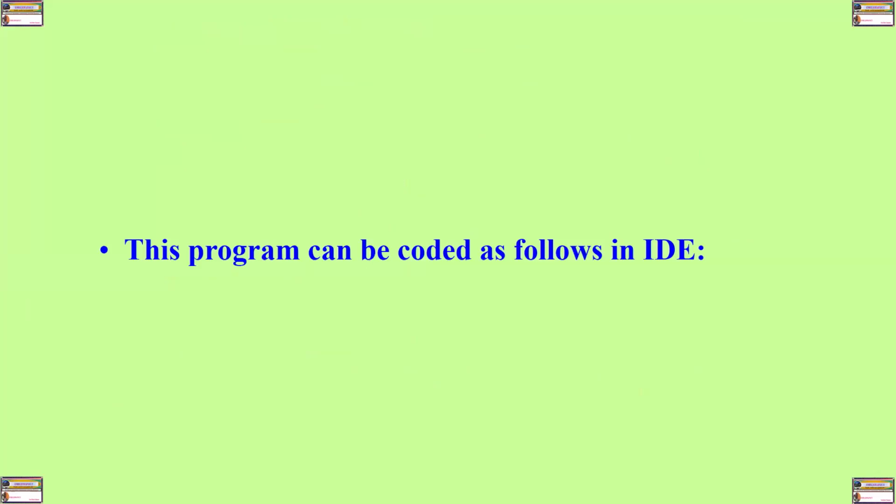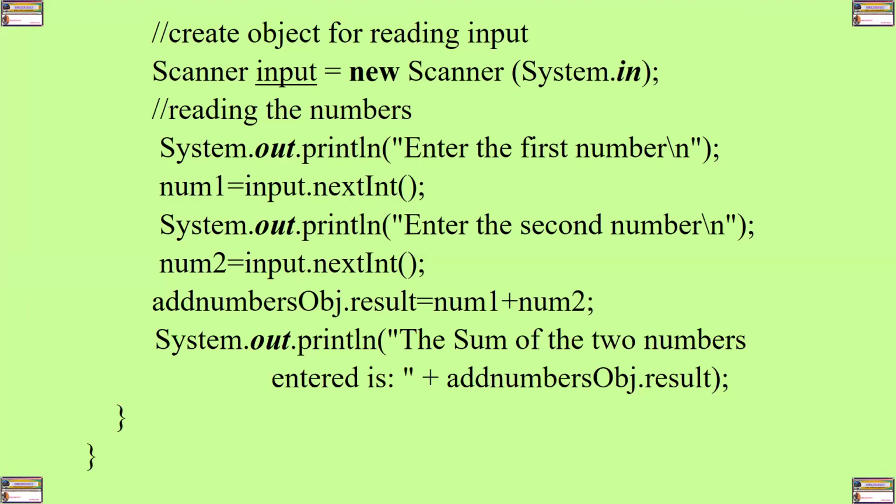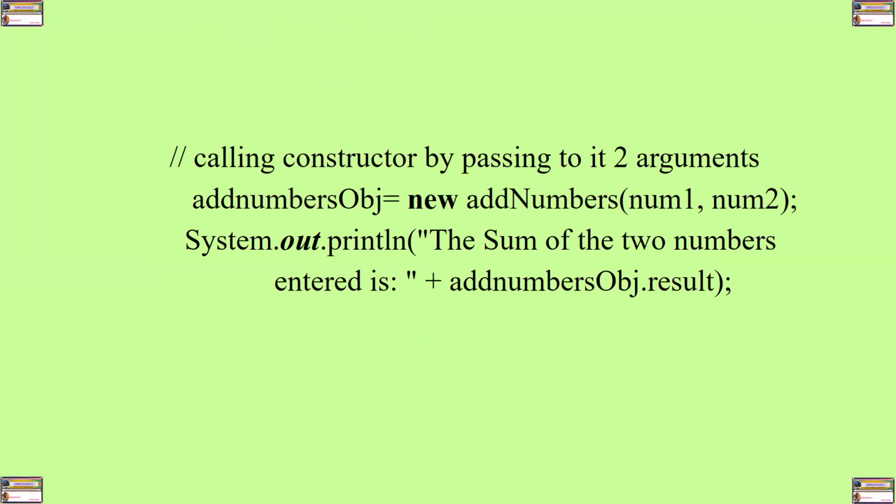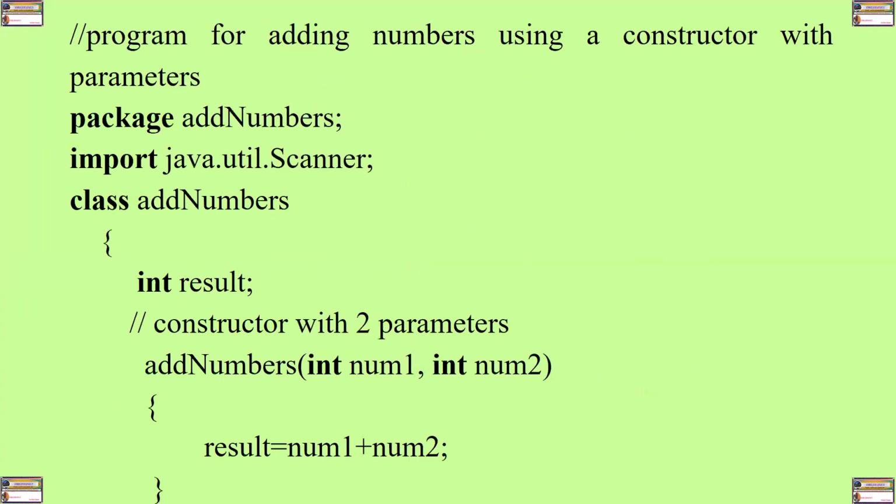And therefore, my dear students and the rest of the learners, we can decode this program. The program we are going to code is one that makes use of a constructor with two parameters.